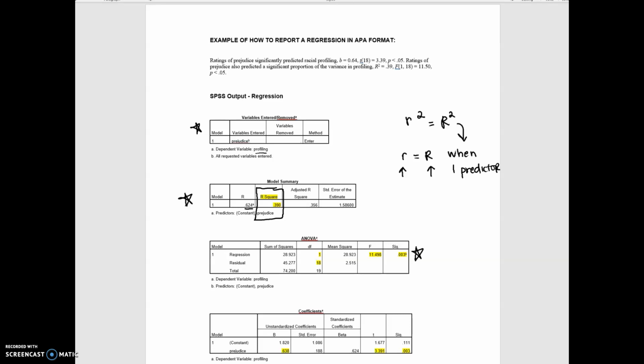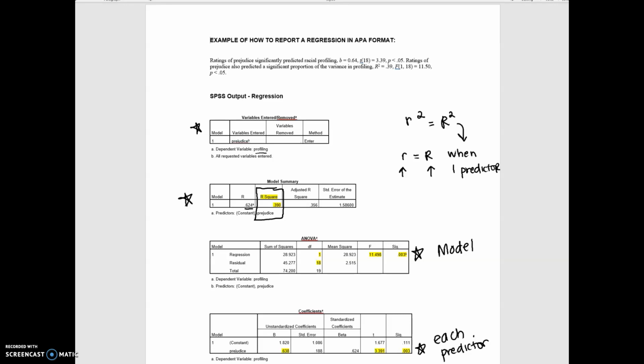Now remember, you have two significance values here, which students often have questions about. Why do you have it twice? Well, up here we're testing the model. Down here, we're testing each predictor. Since we only have one predictor, that's why students ask why you need another significance level.